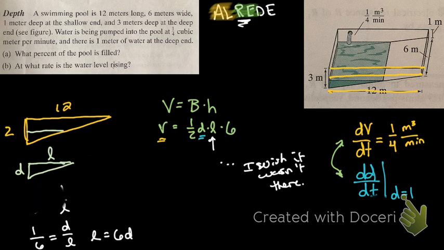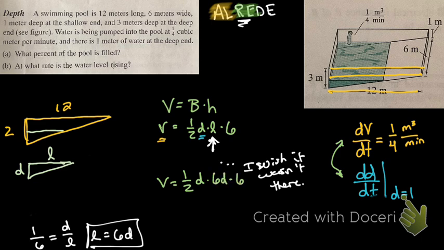So I can just double check my formula. So with these, I now have some relationship for L, which means I can get that L out of there. So let's go ahead and do that. I'll switch back to my good color green. We had the volume equals 1/2 D times 6D, because that's my L, times 6, because that was this depth, right?